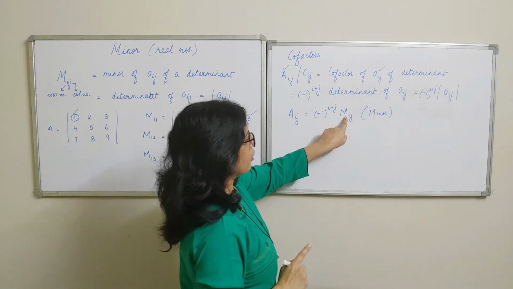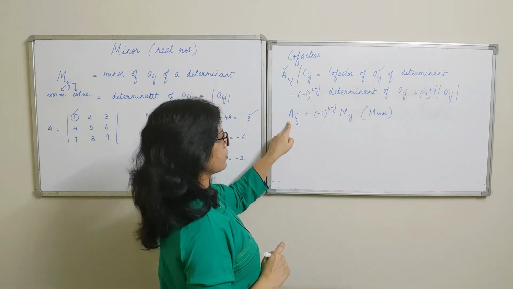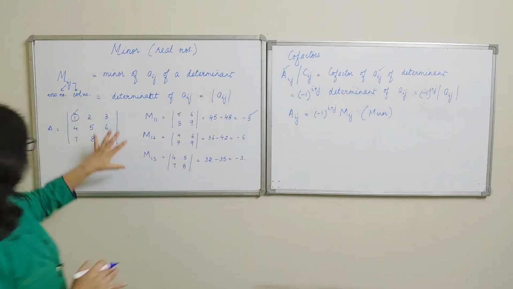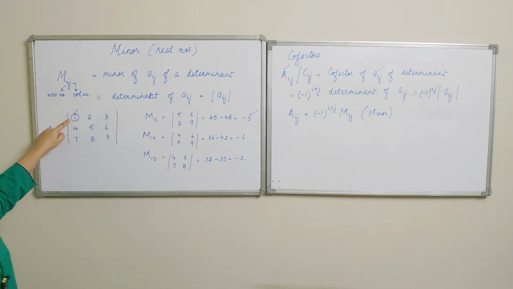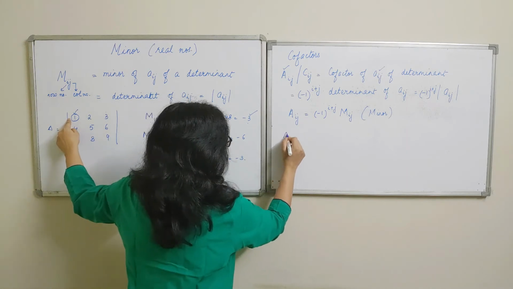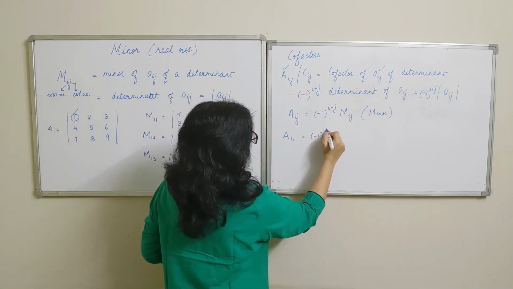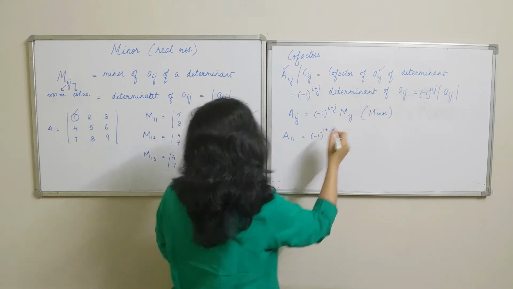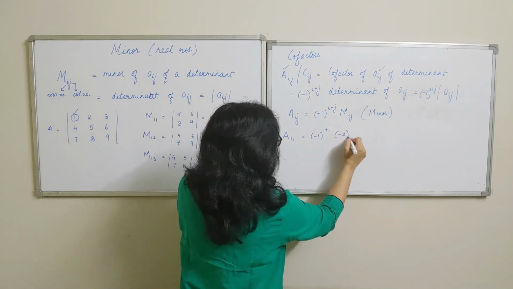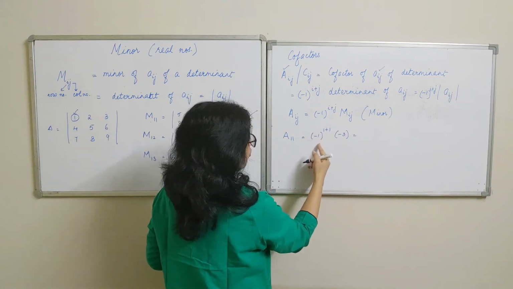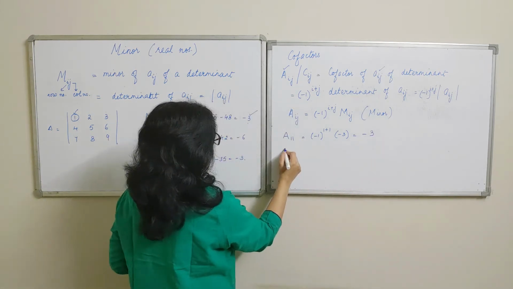So that means we are finding minors and taking care of this concept here, which will give us the cofactor. Let us once again refer to this determinant and find the cofactor of the first element. Here I is 1, j is 1, and the value of the minor, which we have already calculated, is -3. On simplification, this term is positive and the minor of the first element a11 is -3.